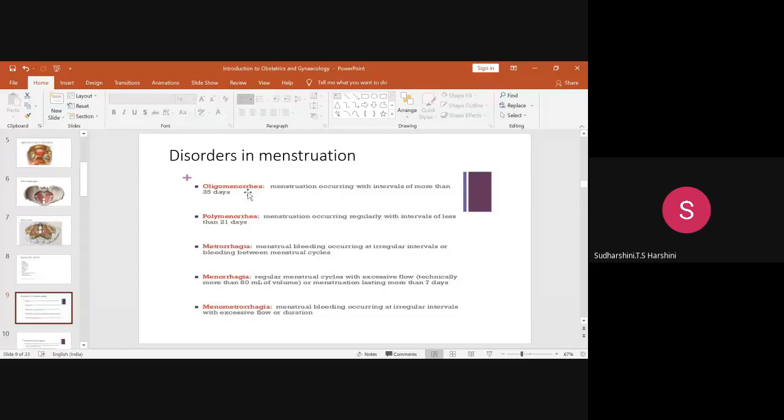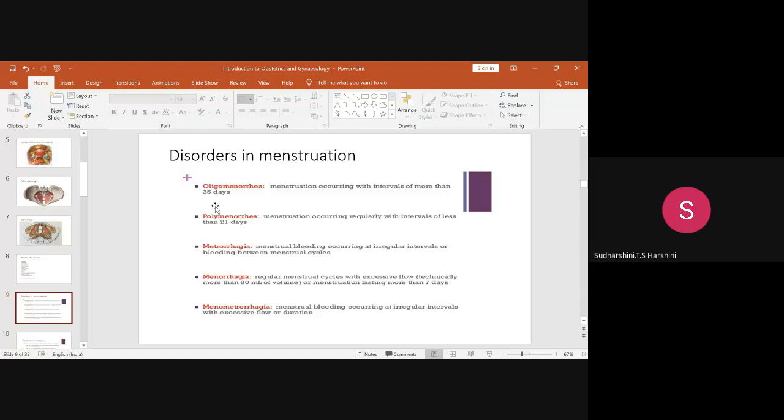Whenever the menstruation occurs at intervals of more than 35 days, but it is regular, that is called oligomenorrhea. The two numbers you have to remember are 21 and 35.